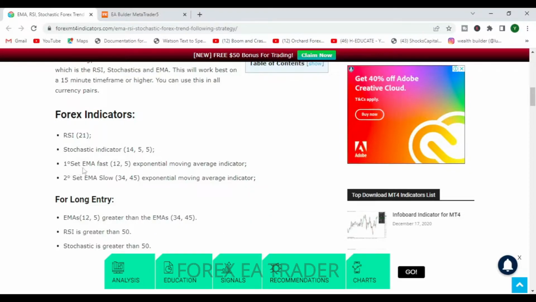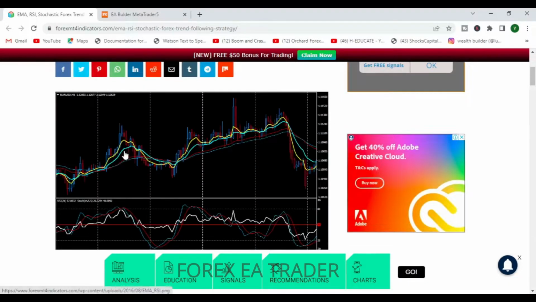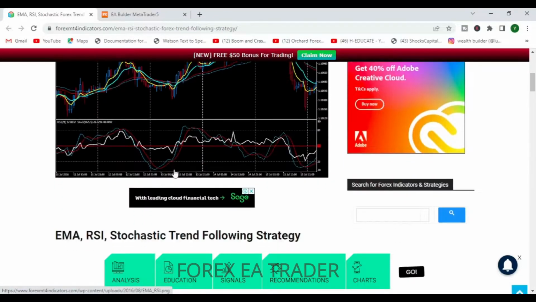Then we're going to use a set of moving averages, which is 12 and 5, as well as a set of slow moving averages, which is 34 and 45. So I guess this is what's happening here. This is the first set, and this is the second set. Then this is the stochastic, and this is the RSI.